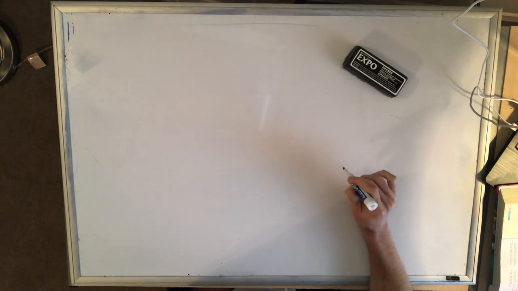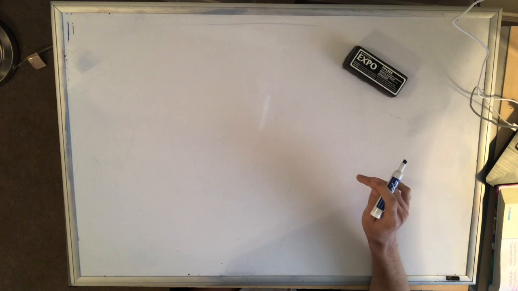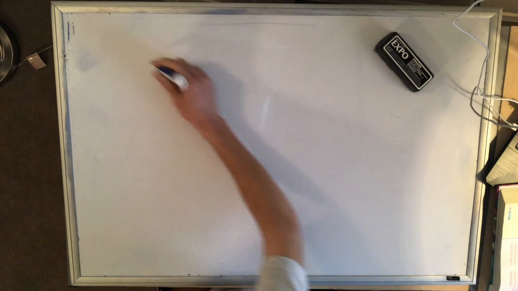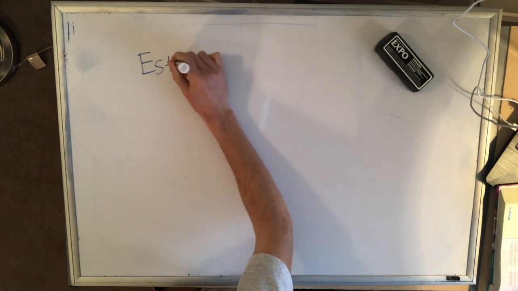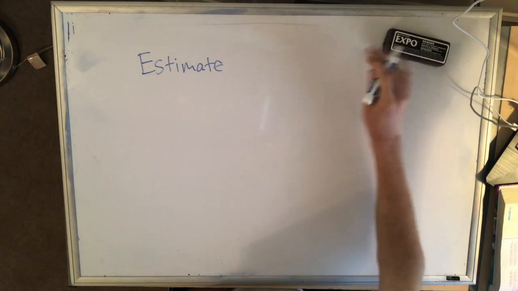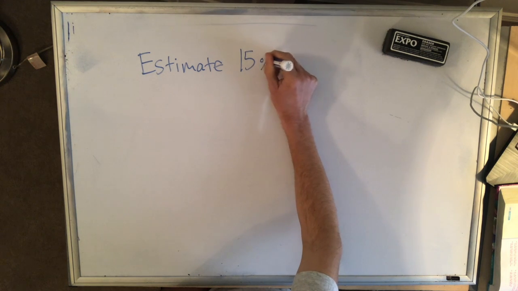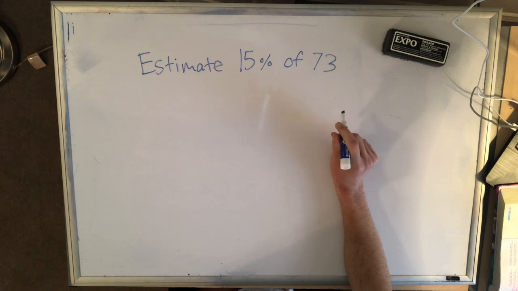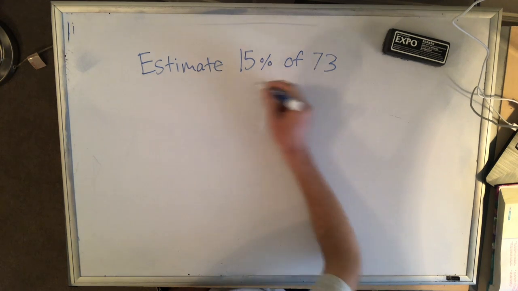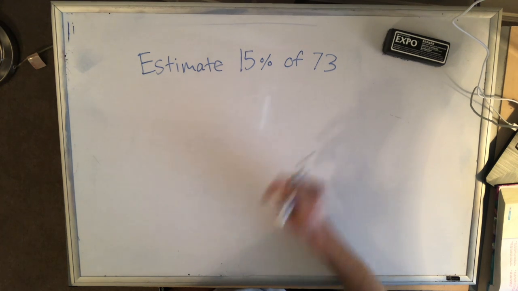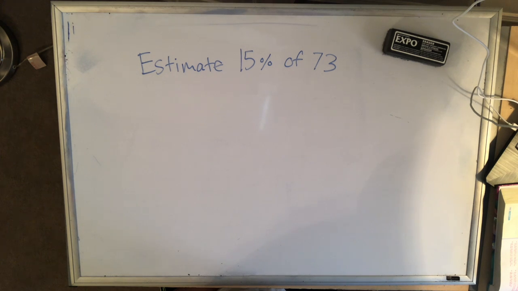Estimate, use the benchmark percents 1% and 10%. Let's estimate 15% of 73, using the benchmark percents 1% and 10%. So let's first figure out what 1% of 73 is.